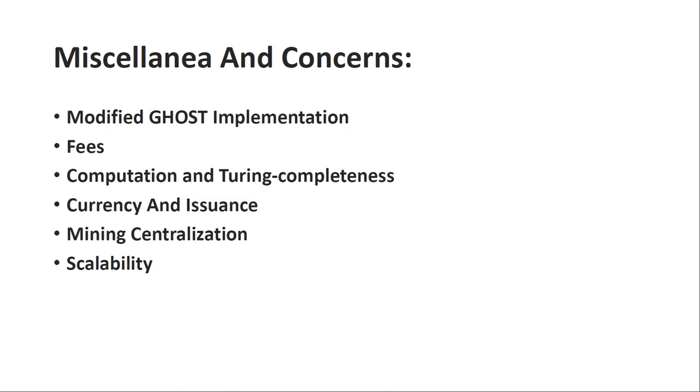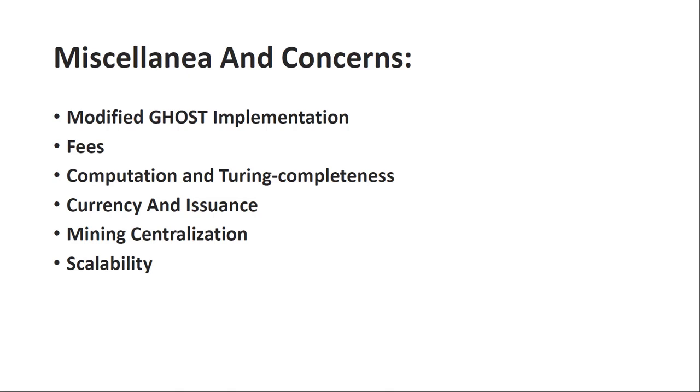The next problem is computation and Turing completeness. Ethereum is Turing complete, so in order to do loops, it has a jump function, and sometimes we get infinite loops. That could be a problem.